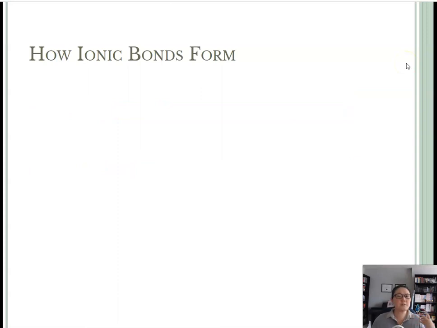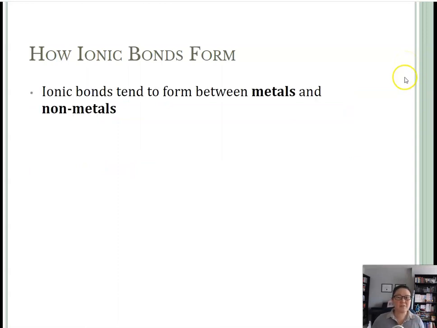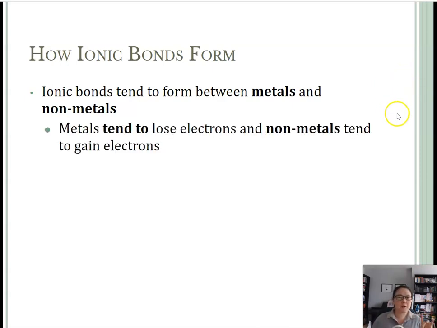When it comes to the different types of elements that you have, you typically have metals and nonmetals forming ionic bonds. That's because metals, only having a few electrons in their valence shell, are going to tend to lose electrons, which are then gained and taken up by nonmetals, which tend to gain electrons.